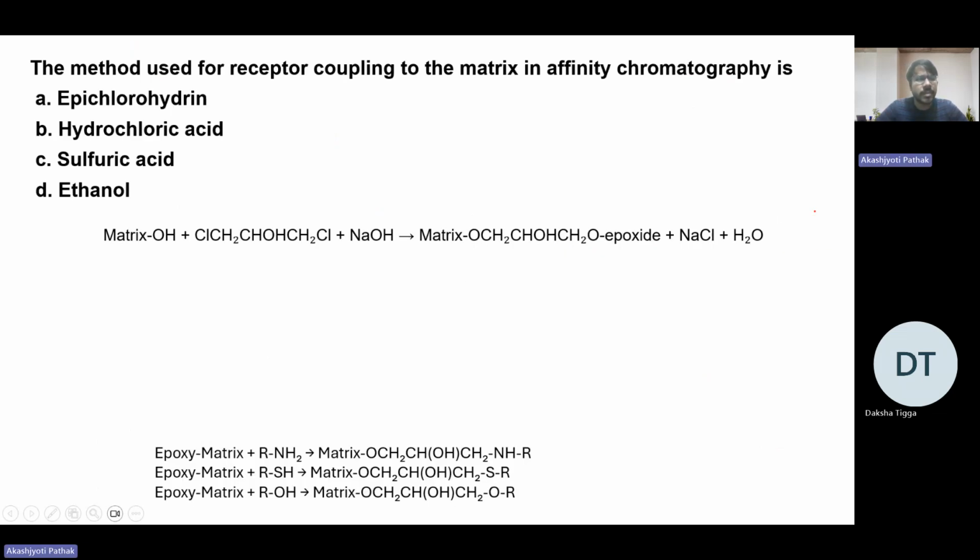So now, the method used for receptor coupling to the matrix in affinity chromatography is what? As we learned, for receptor coupling we can use epichlorohydrin based receptor coupling, or carbodiimide based receptor coupling.